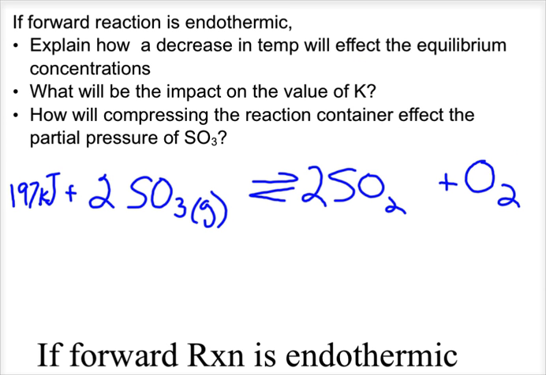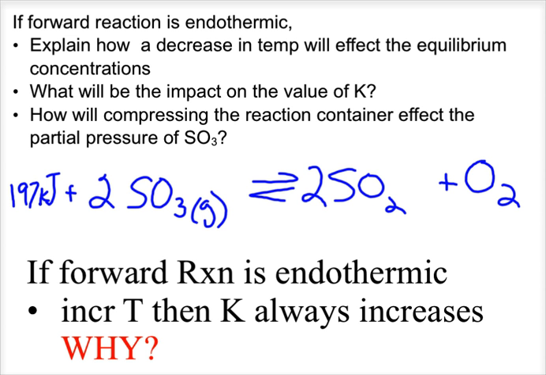Okay, let's take a new system at equilibrium, shown in blue. And as you can see by the 197 kilojoules on the reactant side, again, we have an endothermic forward reaction. So based on what you've learned so far in this podcast and your reading, can you explain why, when you increase the temperature, the numerical value of K will increase?